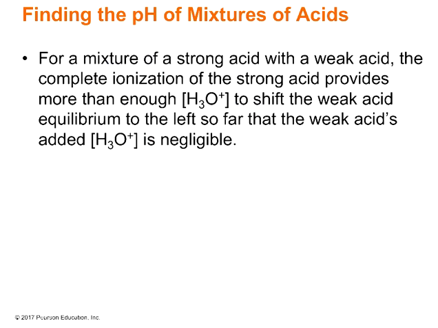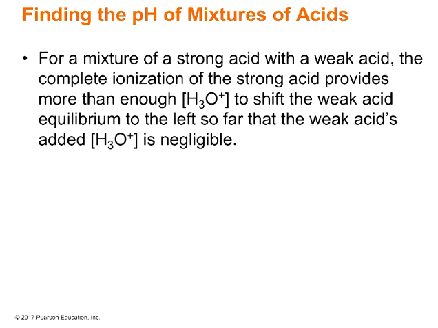So now let's talk about finding the pH of mixtures of acids. We talked about how to find the pH of a strong acid. We know that the concentration of hydronium ions will equal the concentration of the acid because there's complete ionization. But for a weak acid, to find the pH, we have to go through that whole process of setting up an ICE table and then solving for X in our equilibrium expression.